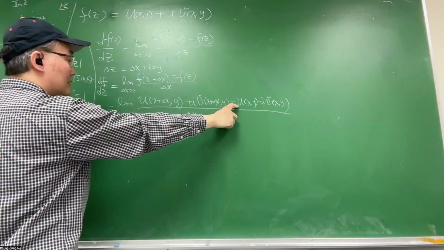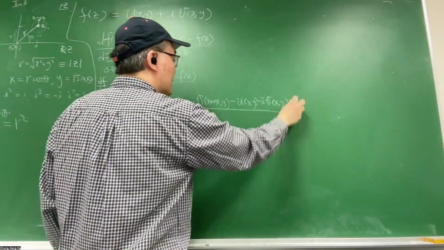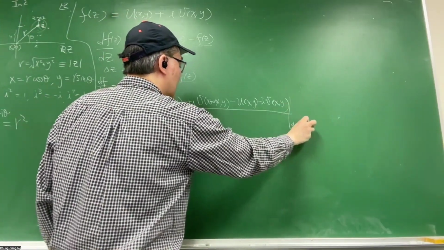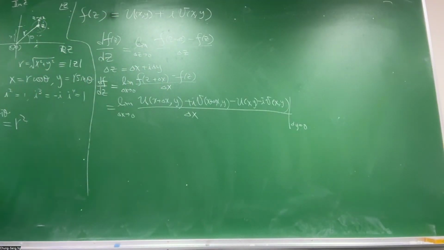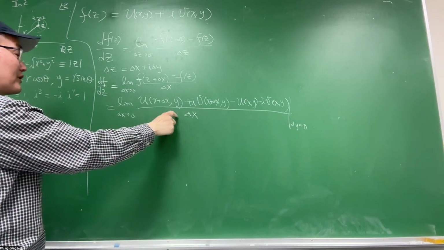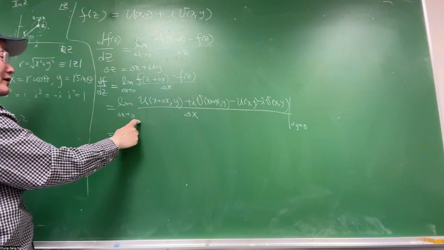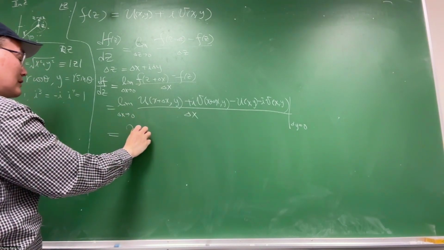So this minus this divided by delta x, with y fixed, right? And by the usual definition, this minus that divided by delta x, taking the limit of delta x going to zero, is a partial derivative.